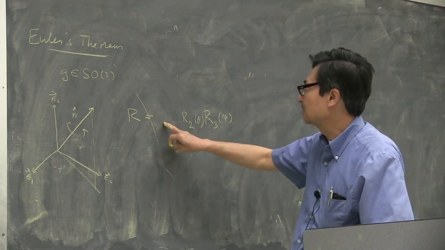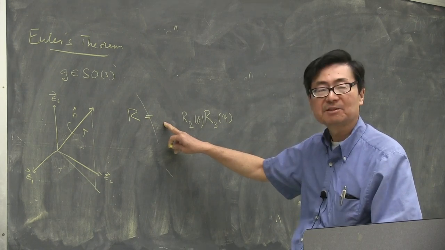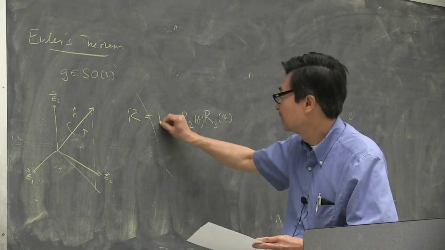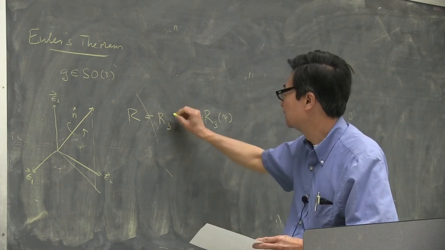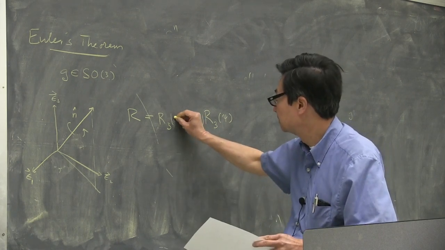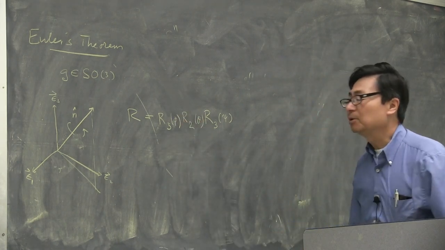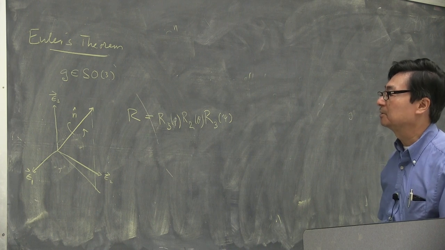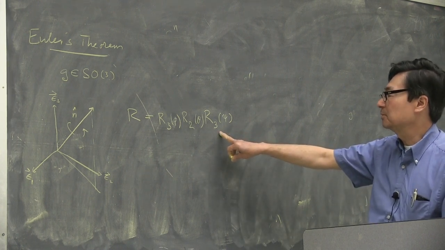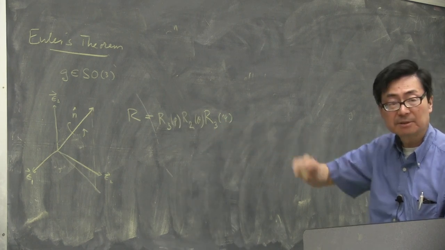Now, you would have thought that the third one would be rotating about the first axis, but wrong. You do it with respect to number 3 again, by a different angle, phi. So any rotation can be built up out of a succession of three rotations. The first one about the third axis. These are space-fixed axes, okay?